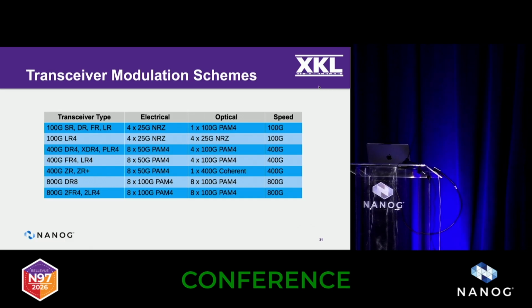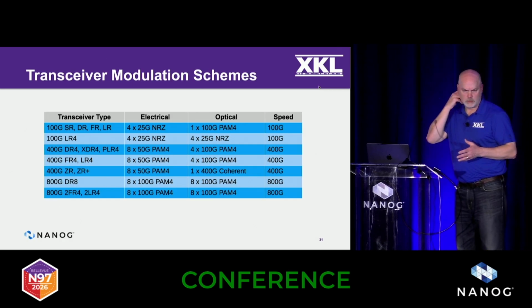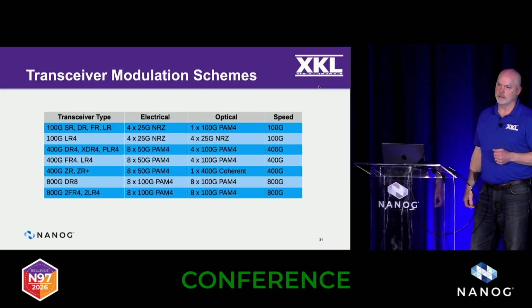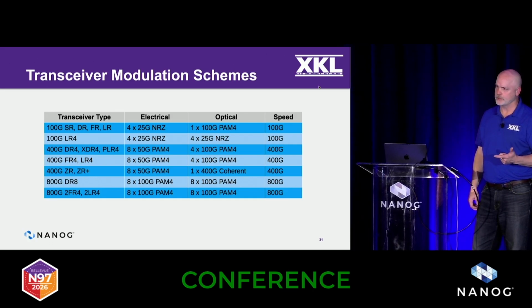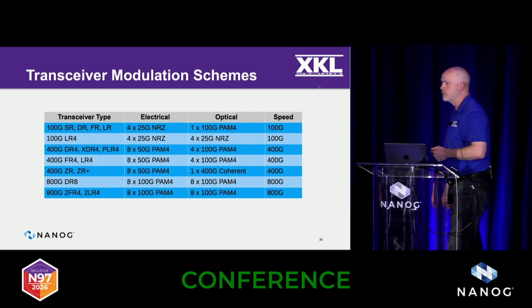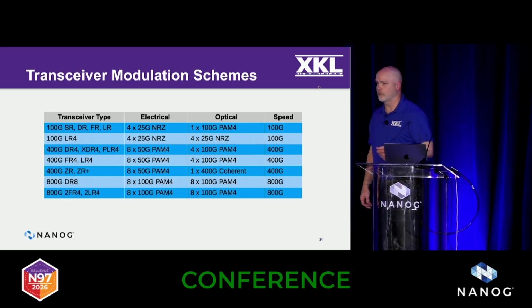But it's important to note that there are a lot of variations in modulation schemes depending on the type of device you're getting and how far the reach is, and then the cost and power consumption is equally in line with that. And then at the bottom, I'm showing the 800 gig. Not many people are there yet, but that's what some of the more common standards are for 800 gig.